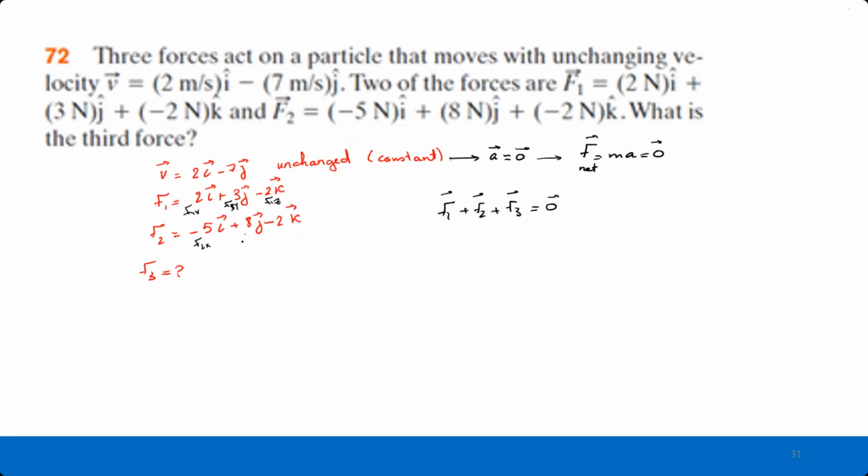Similarly, this is F2x, F2y, and F2z. So along x, I will get that F1x plus F2x plus F3x should add up to 0.